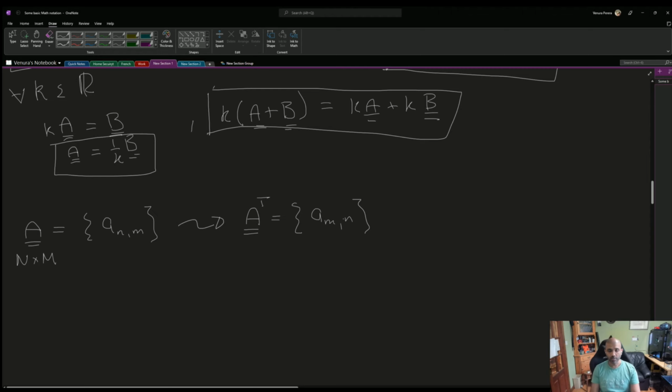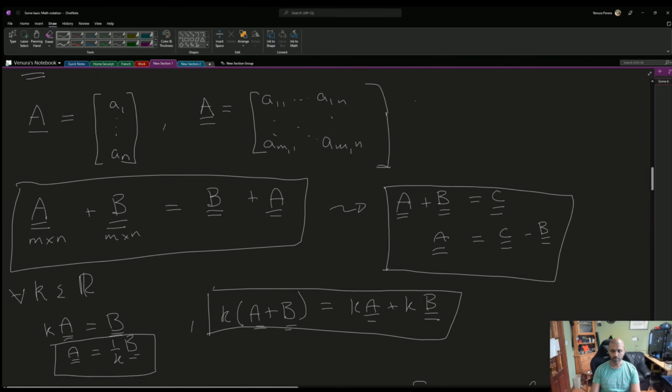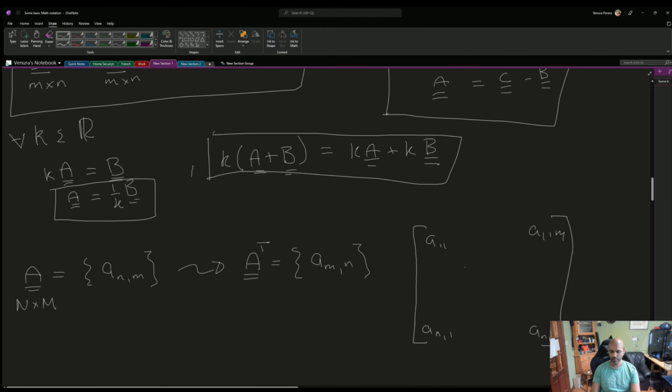The mechanics behind this, the geometry, if you want to visualize it: let's say that we have this matrix here, where we have A11 all the way down to A N1, and A1M.